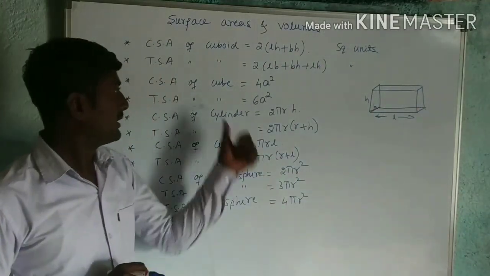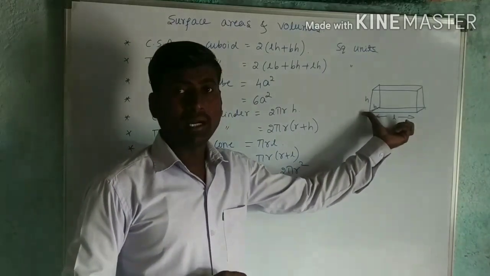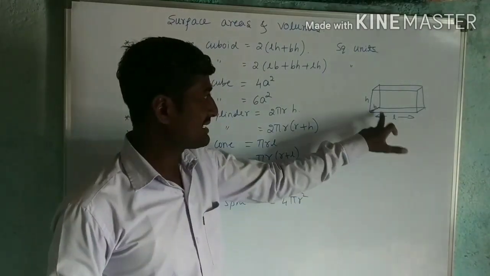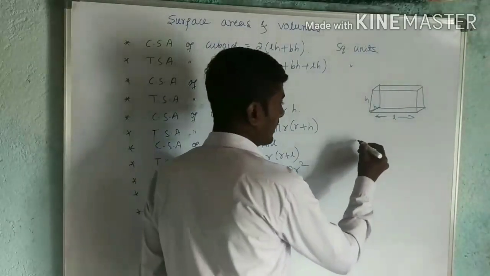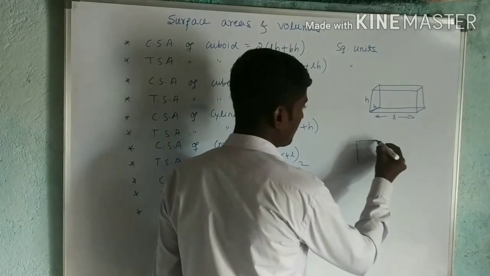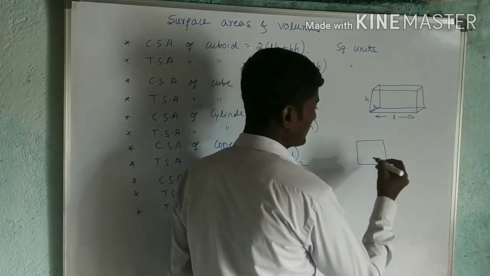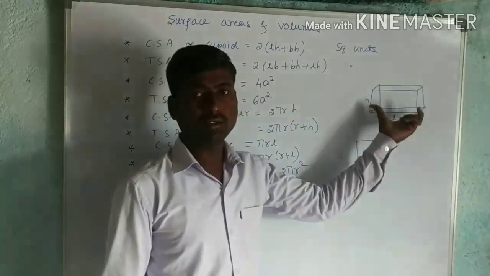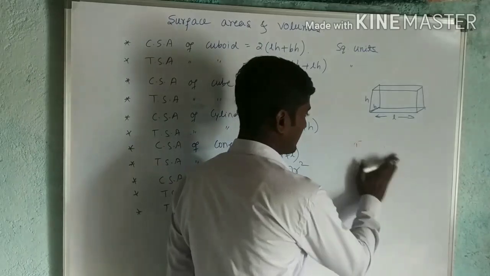Now let us go for cube. This cuboid will become a cube when these 3 dimensions are equal. First you draw a square with all 4 sides equal. To draw a cuboid, first draw a rectangle. Now I will draw in this way.